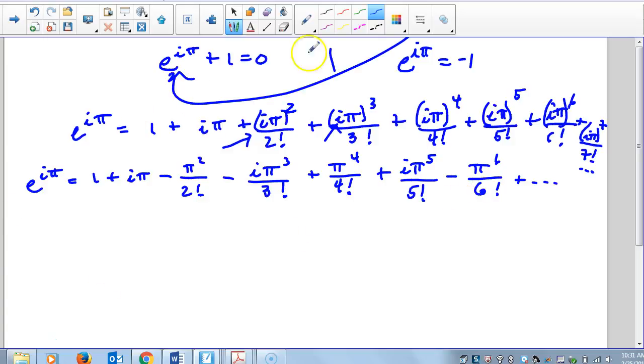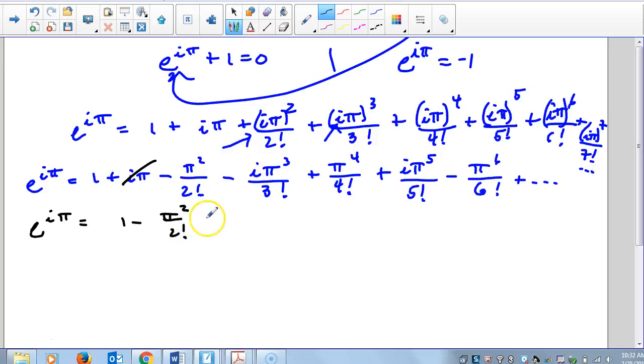Now, imaginary numbers are imaginary. We are in the land of real numbers. This is going to cancel, and then we can reorganize this. So I've got e to the i pi equals 1 minus pi squared over 2 factorial.